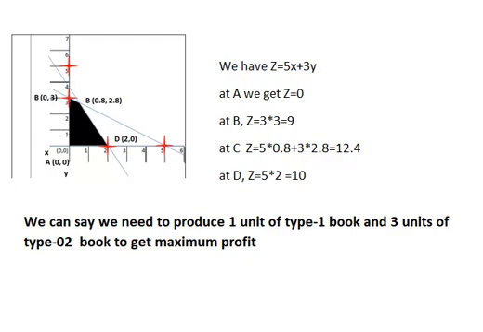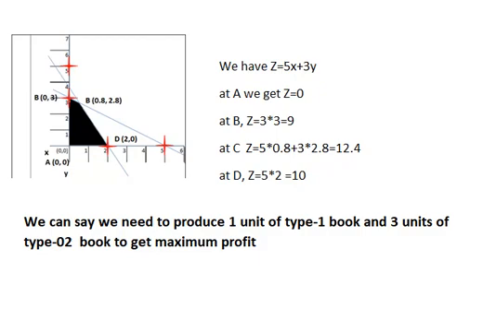If I take the coordinates for B, that is 0 and 3, I put 3 into 3, so I get 9 as the value. At C, I get 5 into 0.8 plus 3 into 2.8, which gives me 12.4, and at D we get Z equals 5 into 2, which is 10. So we have the 4 values at different coordinates: 0, 9, 12.4 and 10.